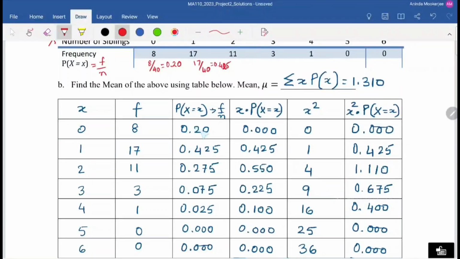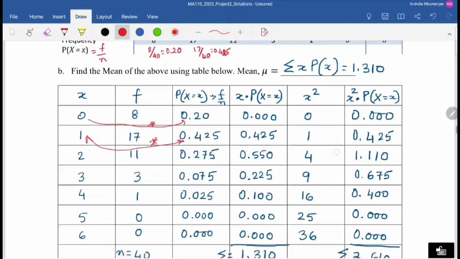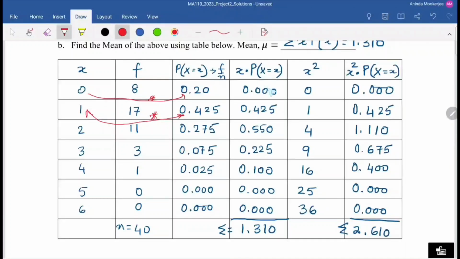You're multiplying 1 times 0.425, you're multiplying the values. 2 times 0.275. So in the fourth column, it's x multiplied by the probability.